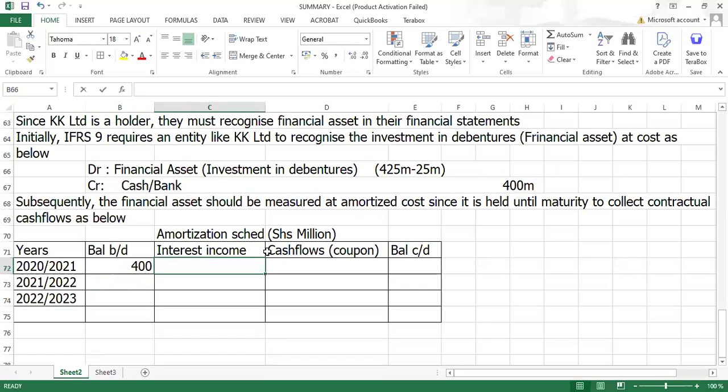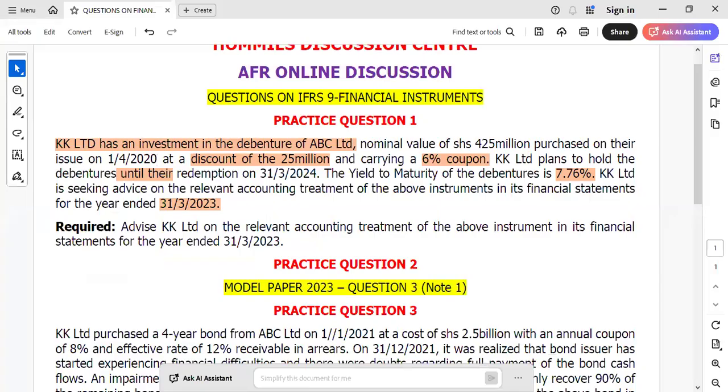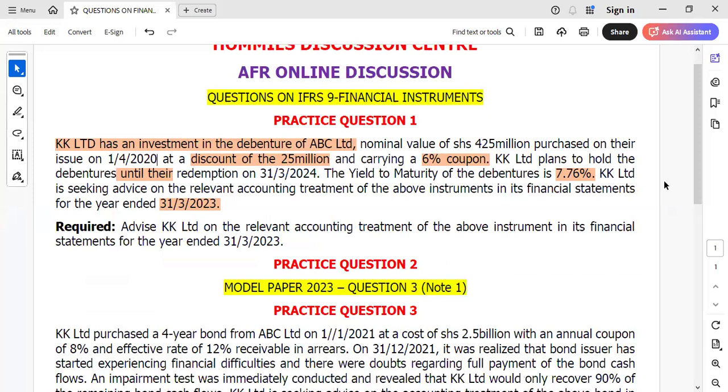Then next, how are you going to get the interest income? You look at the effective interest rate. This is the effective interest rate from our question. This is the one that should go to the profit, the income statement. The effective interest income. This is a coupon. The coupon is just going to help you to know your cash flows.